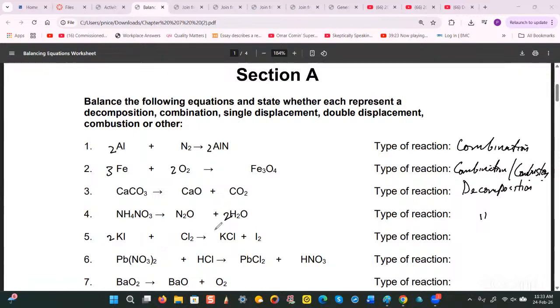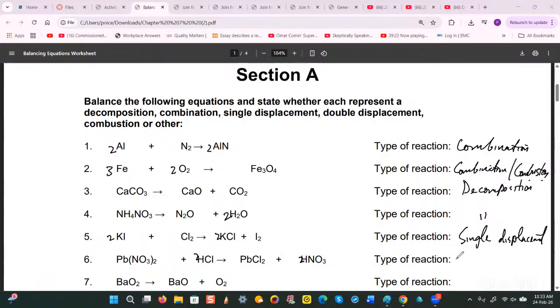Okay, so now we get to number 5, and you were saying number 5 is what? 2, 1, 2, 1. That's correct. What type of reaction is this? Single displacement is correct. Okay, let's balance this one. How would you go about balancing this one? 1, 2, 1, 2.